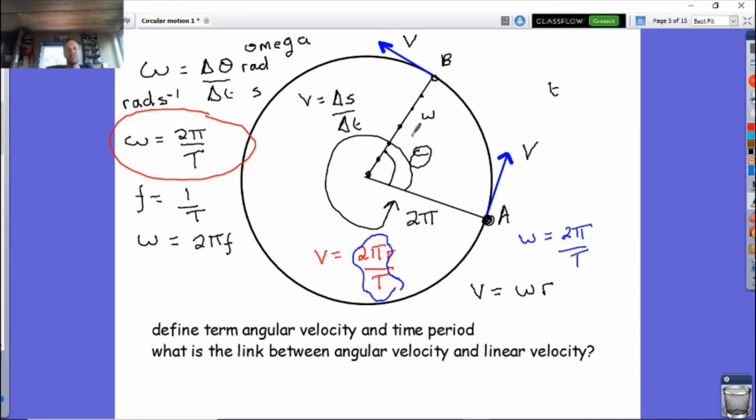But isn't the linear velocity going to increase? Because here v is going to be big, and here v is going to be small as you come towards the center. Therefore, as r increases, v increases because omega is constant.